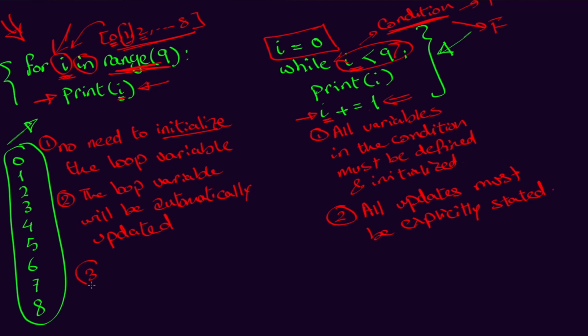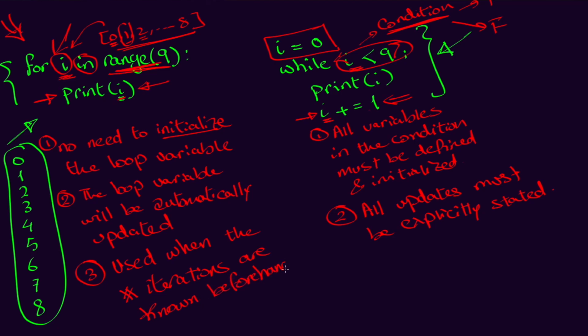So another main difference between a for loop and a while loop is that a for loop is used when the number of iterations is known beforehand, whereas in a while loop, the number of iterations is unknown.